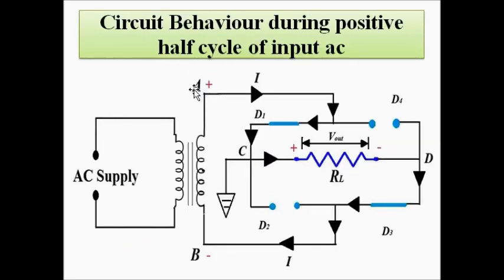During the positive half cycle, the top end of the secondary winding, which is A, becomes positive, and the bottom end of the secondary winding, that is B, becomes negative. A is positive, B is negative.